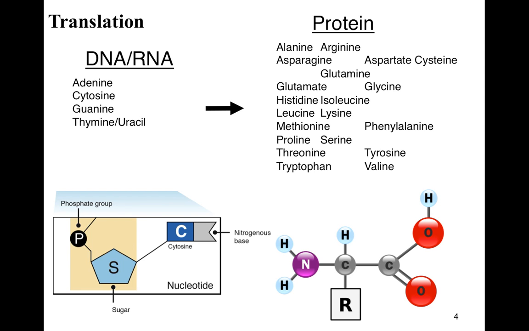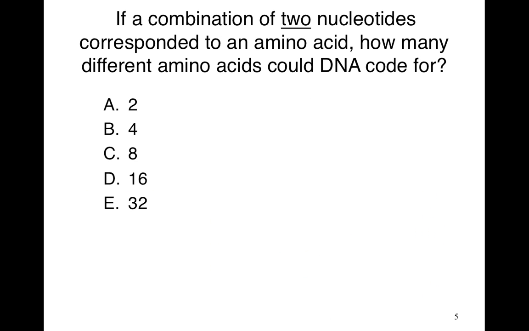There are only 4 nucleotides, but we have 20 different amino acids. So if a combination of 2 nucleotides corresponded to an amino acid, how many different amino acids could DNA code for?